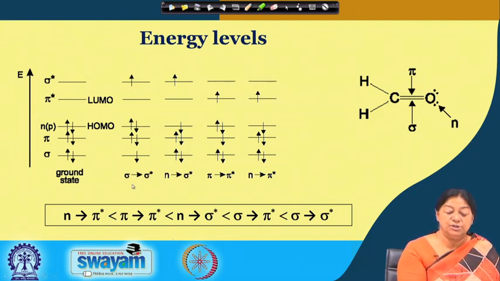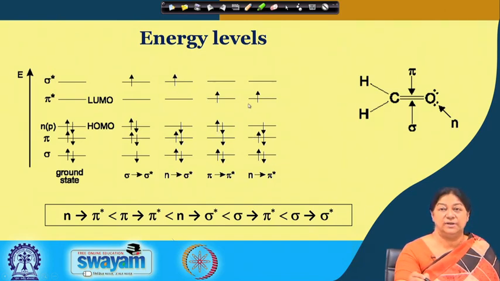One electron is missing from the sigma, it has gone up to the sigma star. So, this is a sigma to sigma star transition. The energy difference is the most, the wavelength is the least. Here we are considering an n to sigma star, a pi to pi star, an n to pi star.